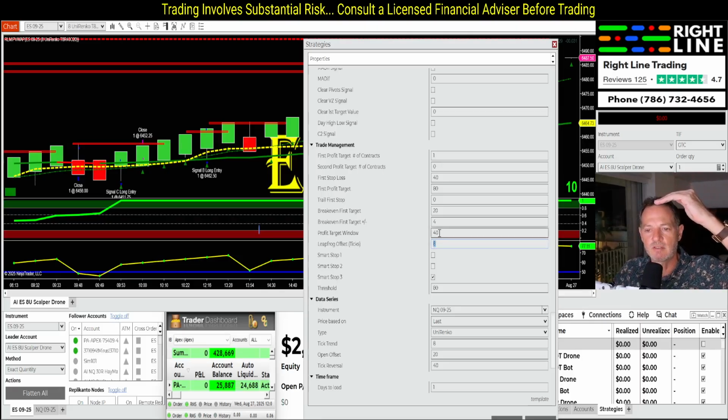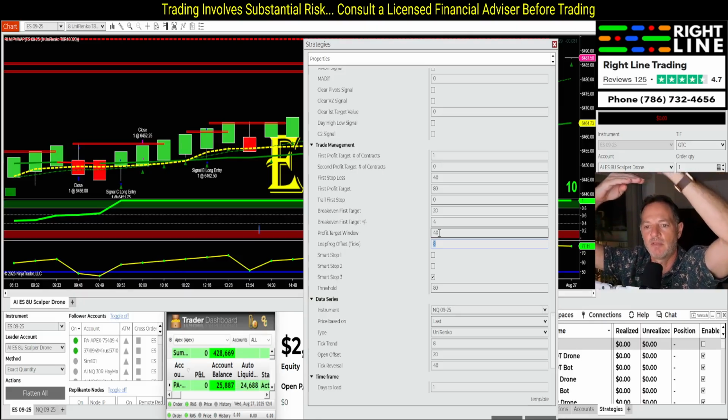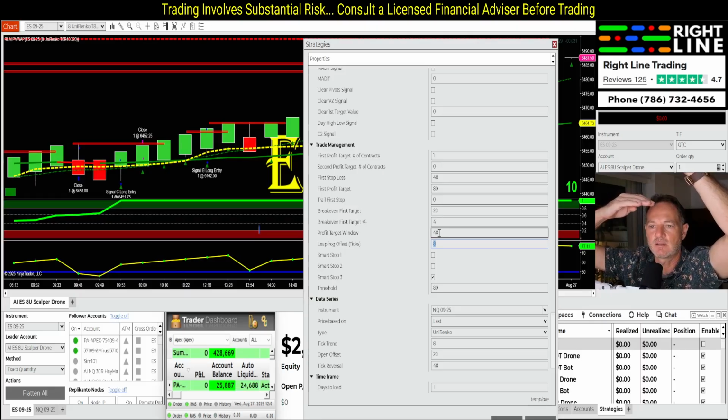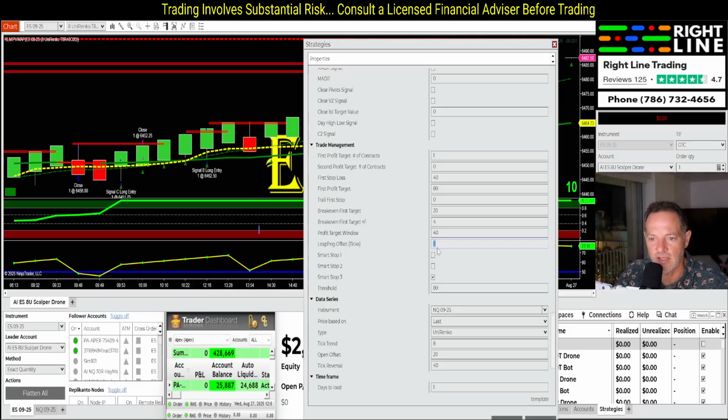So once we get to 40 ticks, our profit target's going to move from 80 to 88. And then it's going to leapfrog. If it moves up another 8 ticks, our profit target's going to move up again. So that's the leapfrog.